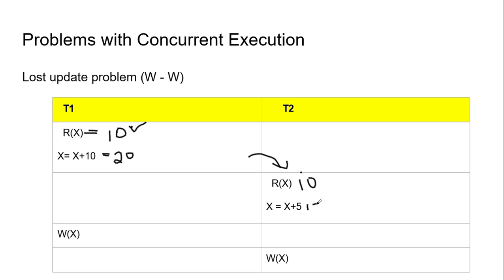Now it goes back to transaction T1. Here in write of X, my current value is 50, and 15 is the value which is manipulated over here. After that in transaction 2 again the value is 50, because no other ALU operation is happening.